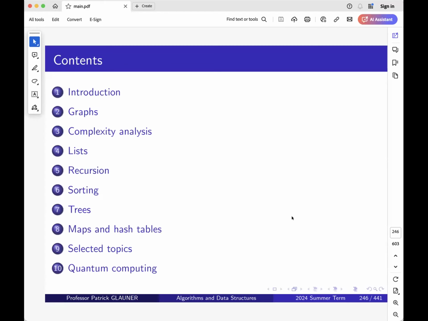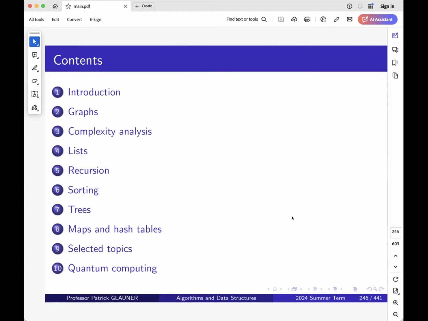Now you see we have finished the recursion chapter, and we are done a little bit earlier with the lecture today. Next week, I'll see you in the lab again, and I hope we don't have any network issues like today in the morning, so the lab should go smoothly on site.